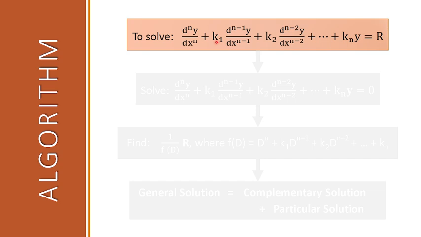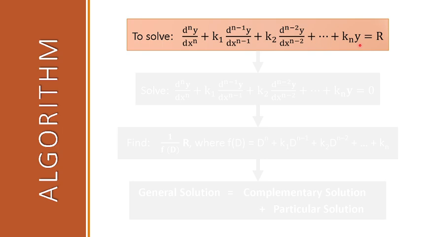The coefficient is k1, which is a constant, and the next term similarly is the (n-2)th order derivative of y with respect to x, and the coefficient is k2, and so on till the last term, which is kn y, where kn is a constant and y is the zeroth derivative of y with respect to x.